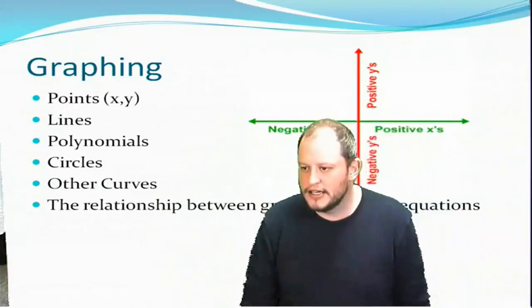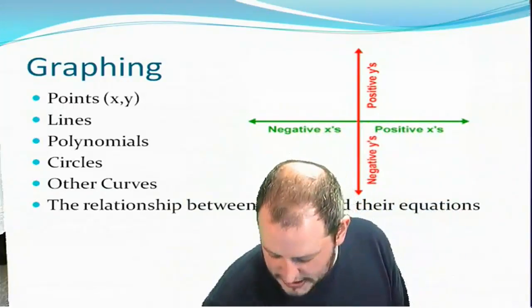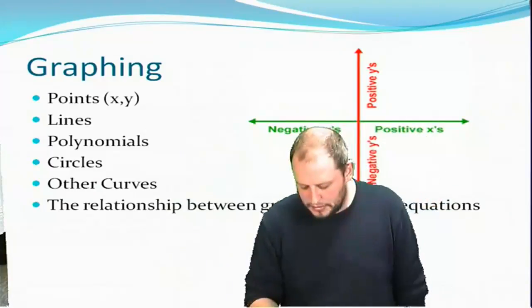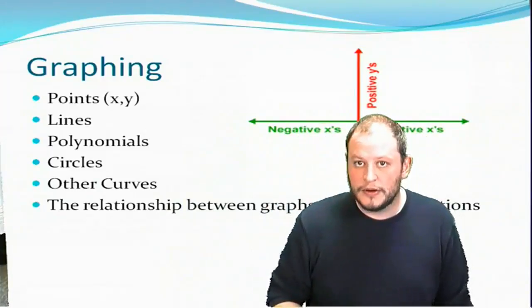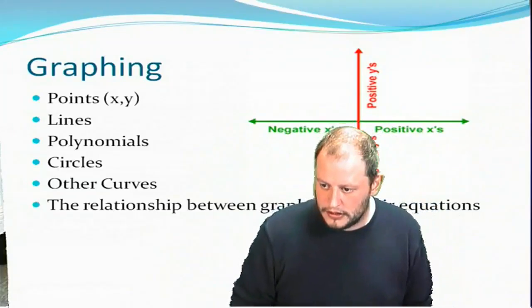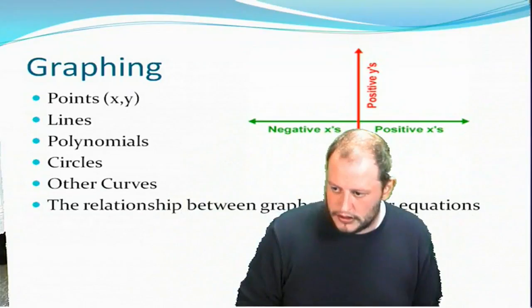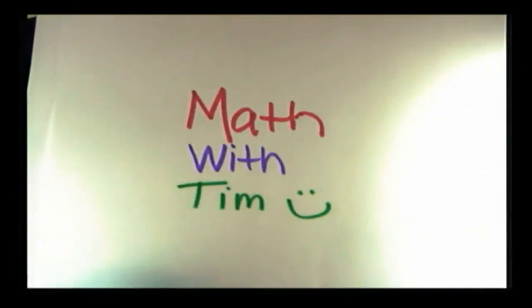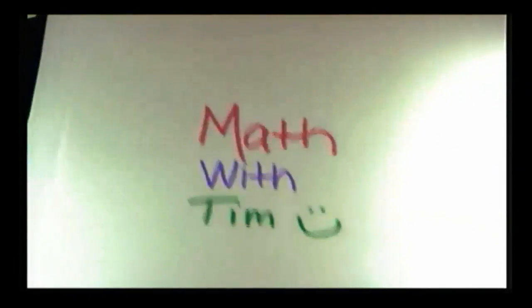So let's take a look at the Cartesian plane and the different parts of it. We'll move over to some graph paper. And here we go. The first thing to notice is how this is set up.